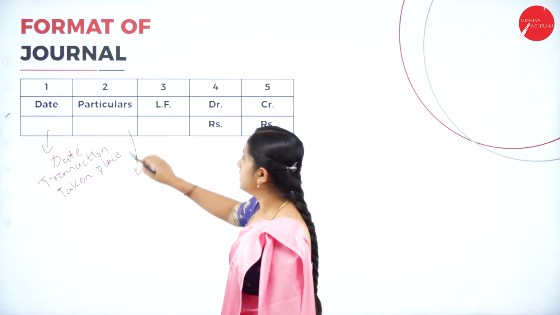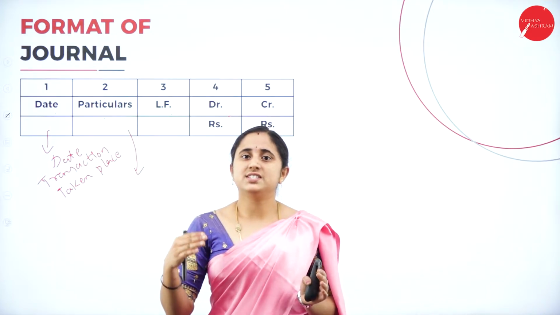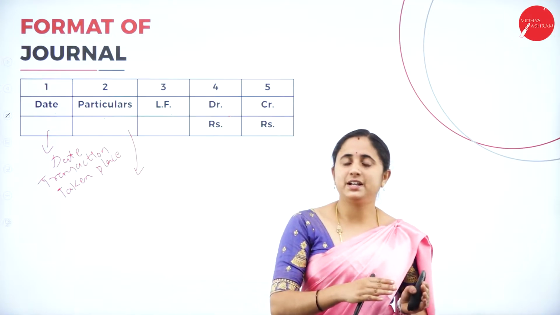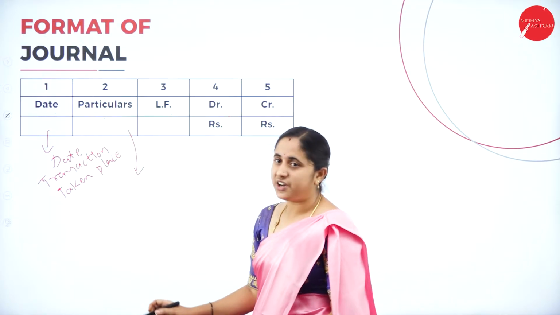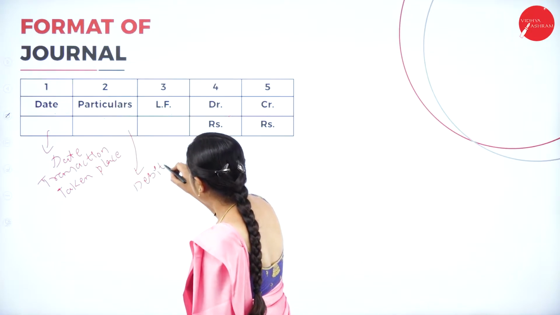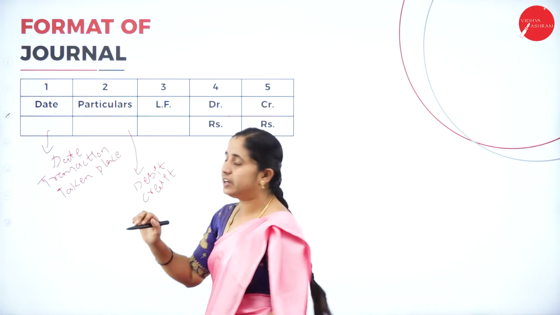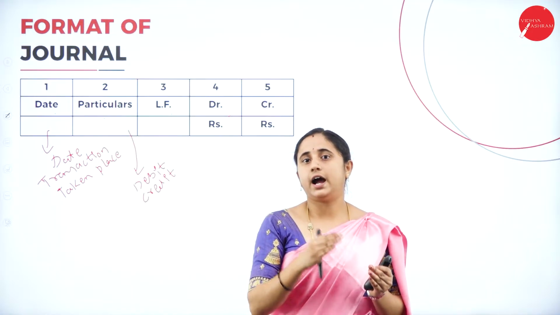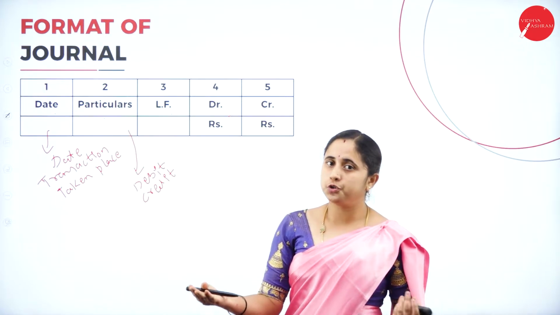Particulars column is meant for recording the accounts which are affected, that is debit and credit. Every transaction affects at least two accounts. One should be debit and one should be credit.